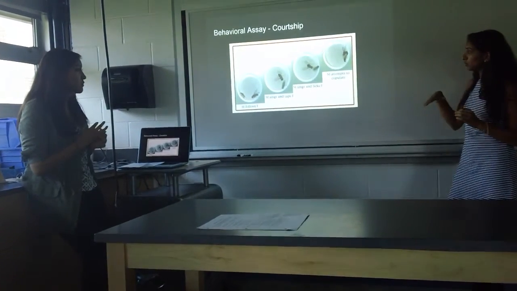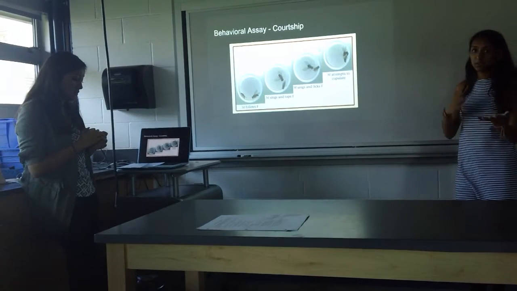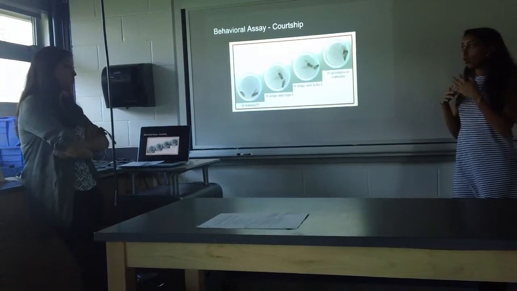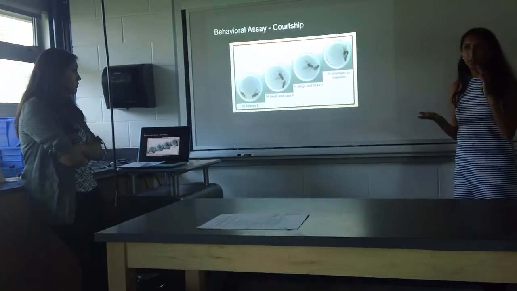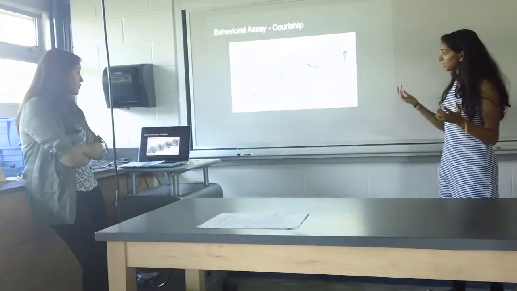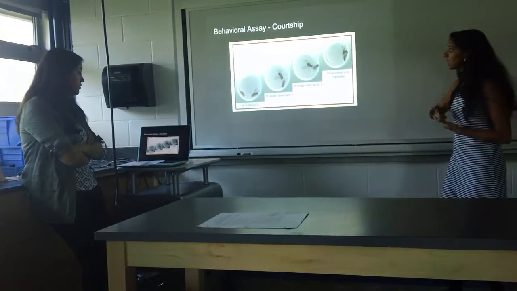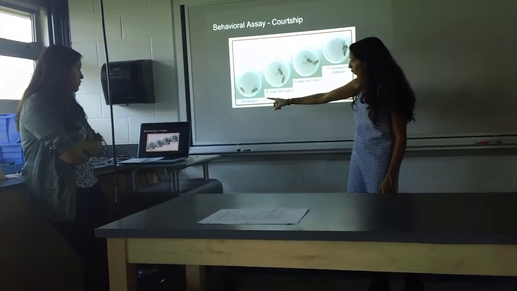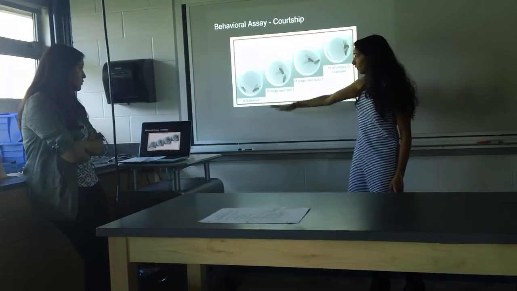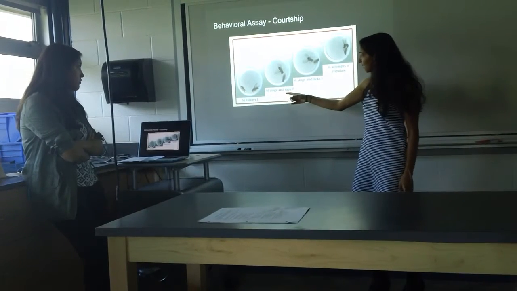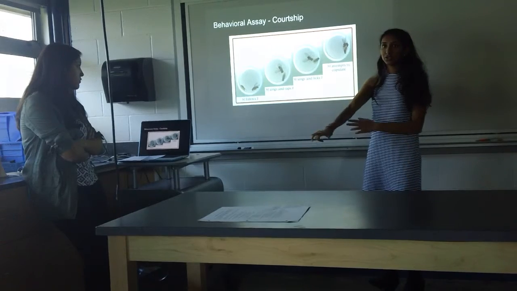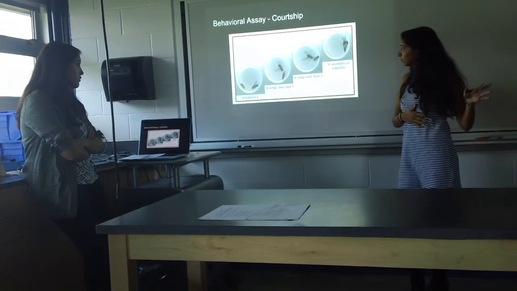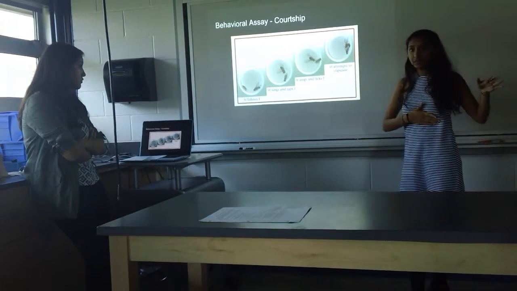So we are going to put the male and female flies together in a chamber and either watch it live or watch it via a video camera that we've recorded. Some of the courtship behavior we would look for would be the male orienting himself towards the female and following her around, tapping the female with his leg, which is a version of tasting, and vibrating his wing, which is basically him singing.